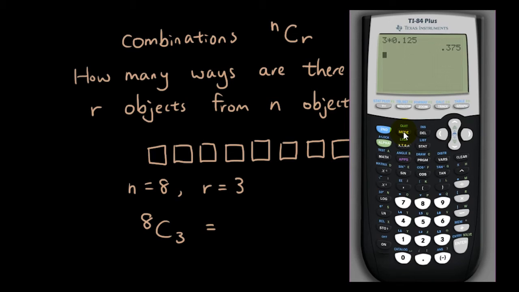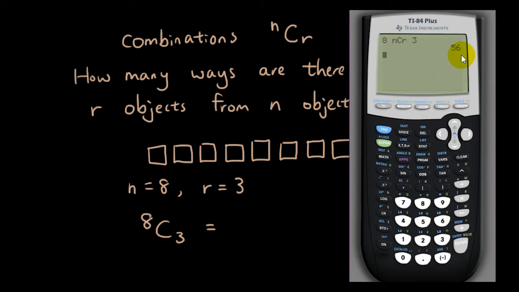So on the calculator, let's go into math, probability, nCr, and oops, we probably should type 8 first, then math, probability, nCr, 8C3, and you get 56.